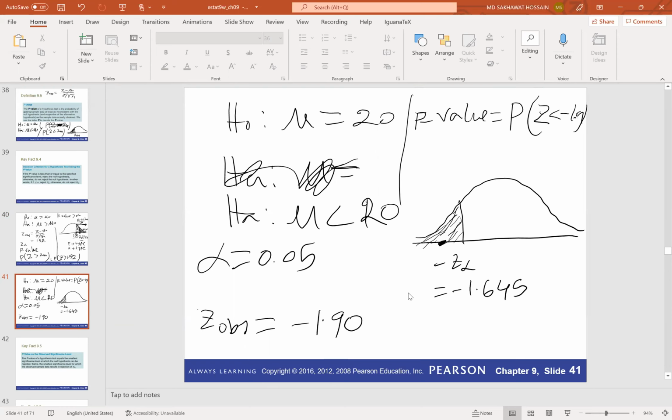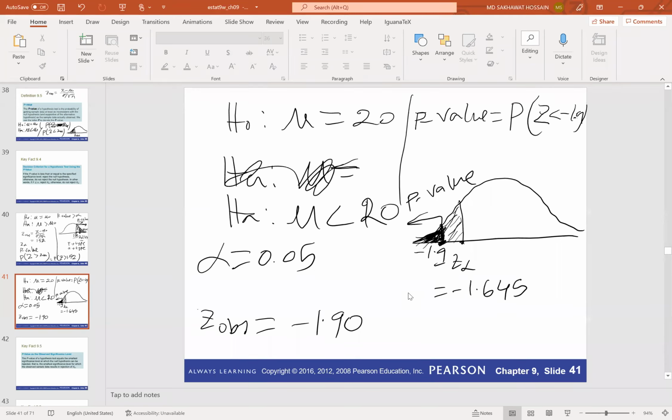Because this is negative 1.645. So negative 1.9 will be on the left side of this number, right? Because negative 1.645 is larger than negative 1.9. So this number is negative 1.9. So this area is the p-value.